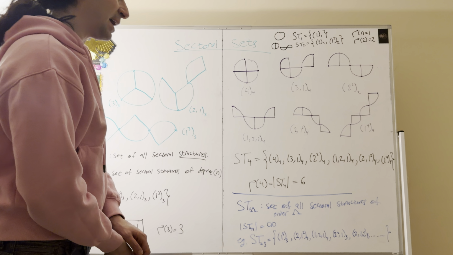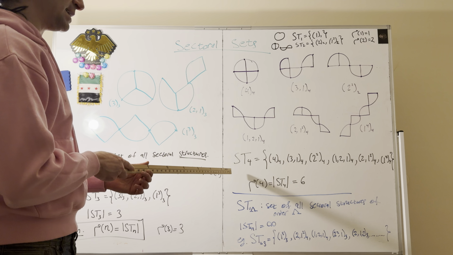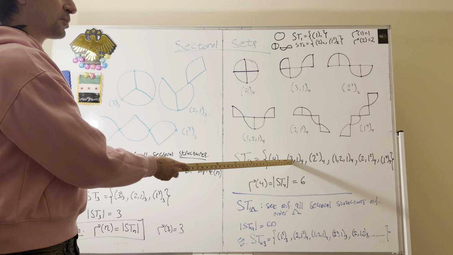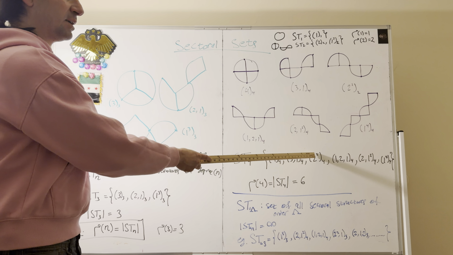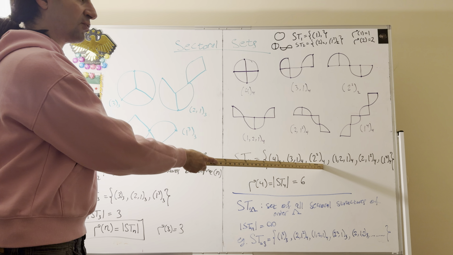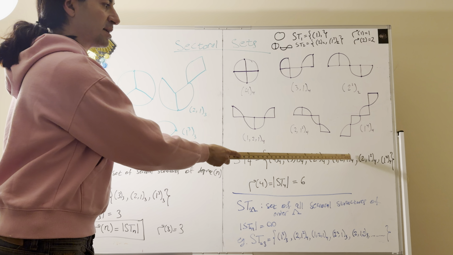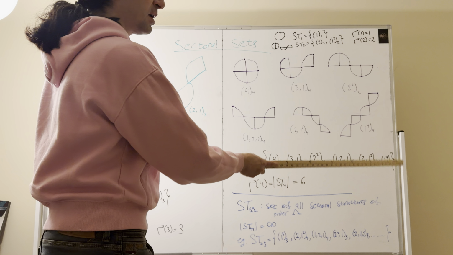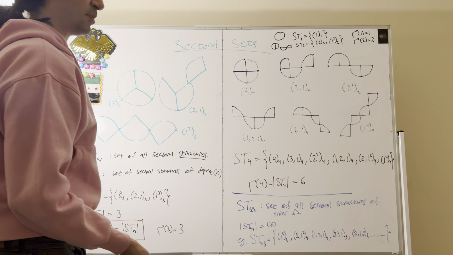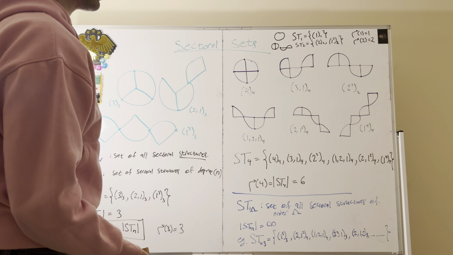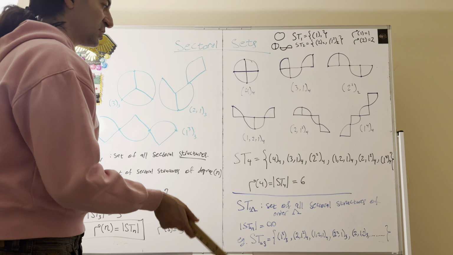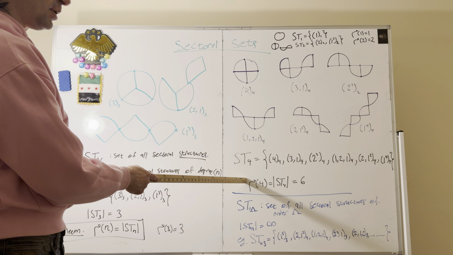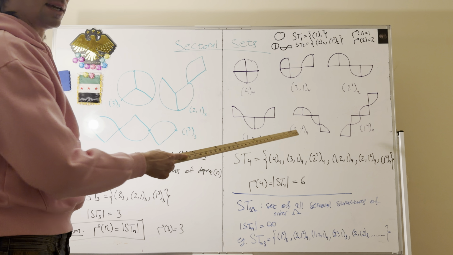So let's write out our sectoral set ST4. This will be 4 subscript 4, 3, 1 subscript 4, 2 squared subscript 4, 1, 2, 1 subscript 4, 2, 1 squared subscript 4, and 1 raised to the power of 4 subscript 4. So the size of ST4 is 6. So Meem of 4 is equal to 6.